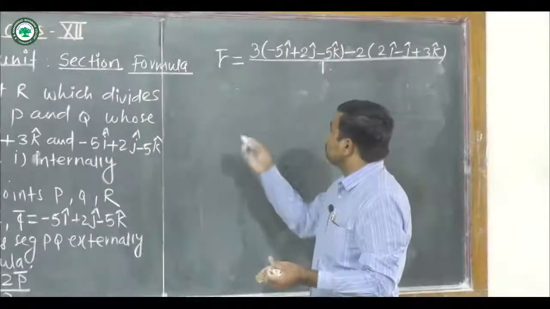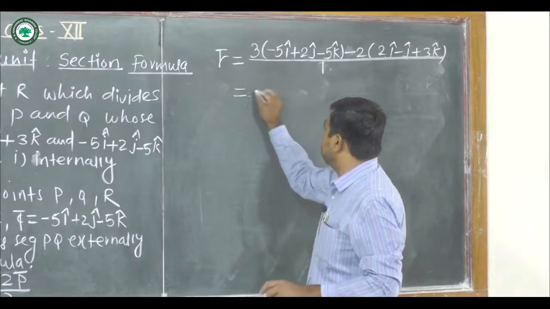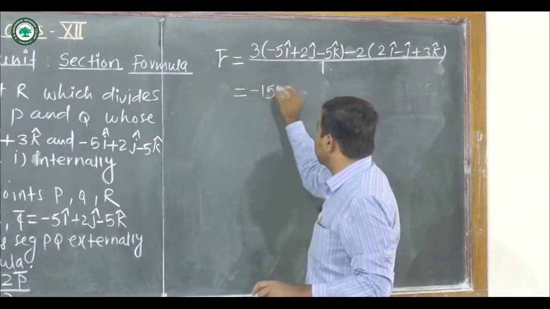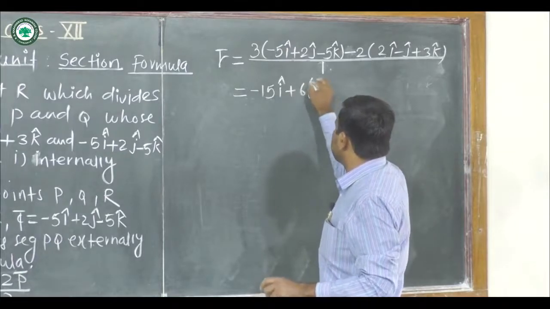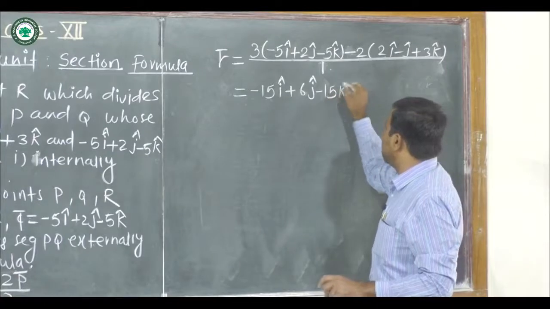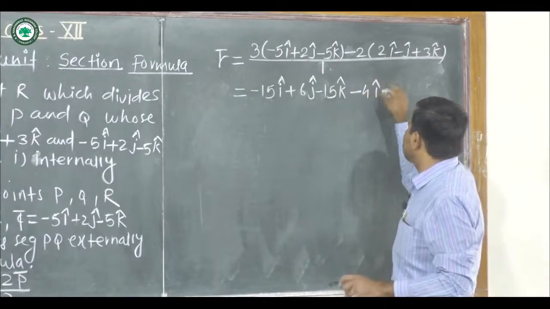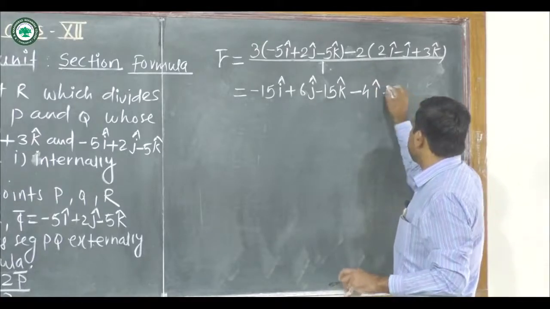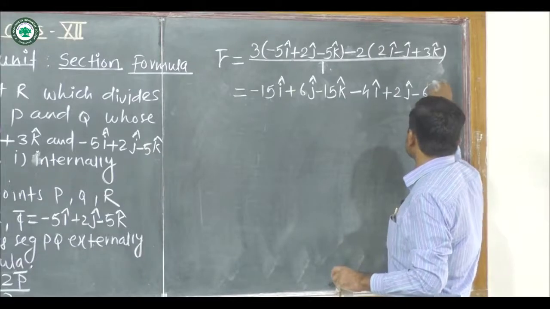Again it is equal to, multiply the first bracket by 3, so we get minus 15 into i cap plus 6 into j cap, 3 into minus 5 becomes minus 15 k cap, minus 2 into plus 2 is minus 4 i cap, minus minus becomes plus 2 into j cap, and minus 6 into k cap.